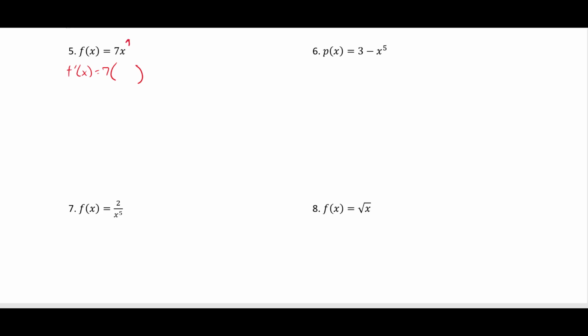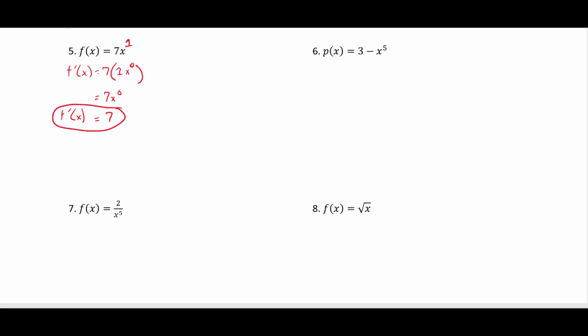Now be careful, this is not a prime, this is a 1. So the derivative of that, same idea: bring down the 1, x to the 1 minus 1, or x to the 0 power. So this becomes 7x to the 0 power, and anything to the 0 power is, that's right, 1. So this is 7 times 1, or just 7. So f prime of x is 7.